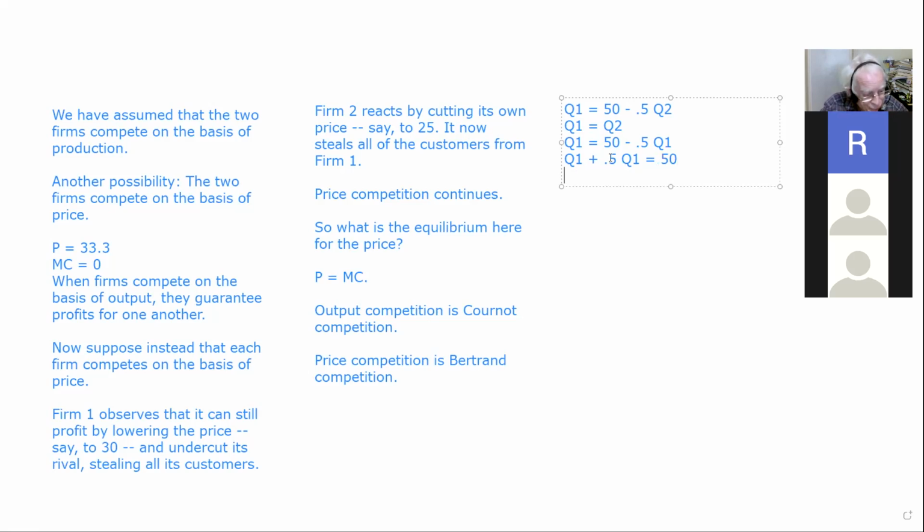Simplifying, we have 1.5 times Q1 equal to 50, or 3/2 times Q1.